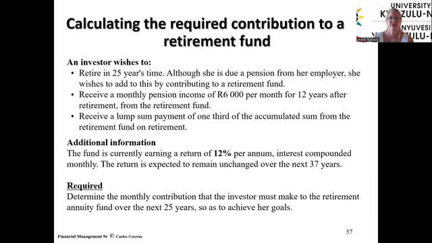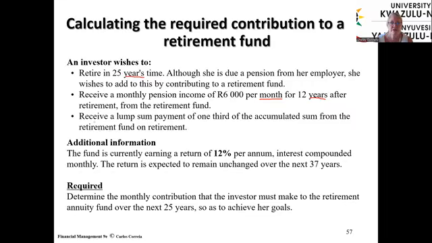Through this retirement fund, she wants to receive a monthly pension of $6,000 a month for 12 years after she retires. And remember, she's retiring in 25 years' time. So for the 12 years after that, she wants to receive $6,000 per month. Okay. So we're going to have to convert all these years into months at some point.